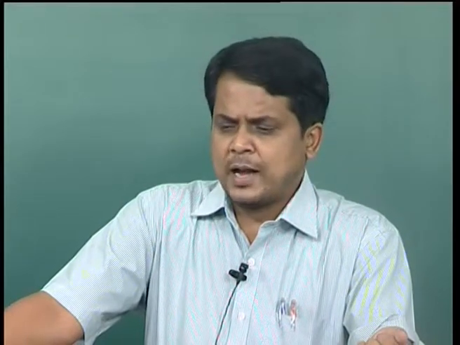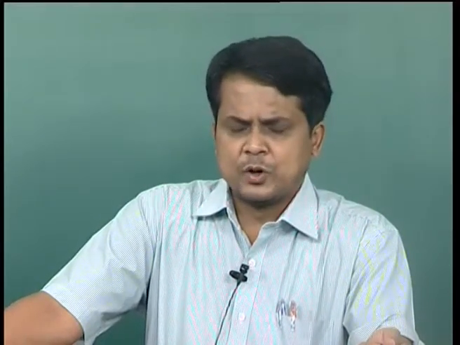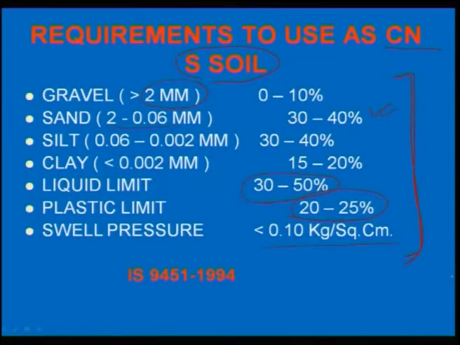To keep it from swelling more, we have to add CNS material, cohesive non-swelling soil. Taking the complete soil as 100%, gravel will be 0 to 10%, sand 30 to 40%, silt 30 to 40%, clay 15 to 20%, liquid limit 30 to 50% and plastic limit 20 to 25%. This has been given by the Bureau of Indian Standards, or BIS, the Indian Standard.